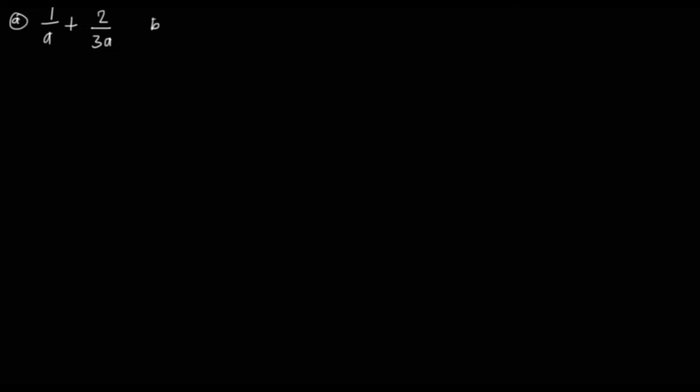Our b is 2 over ab plus a over b minus b over a.